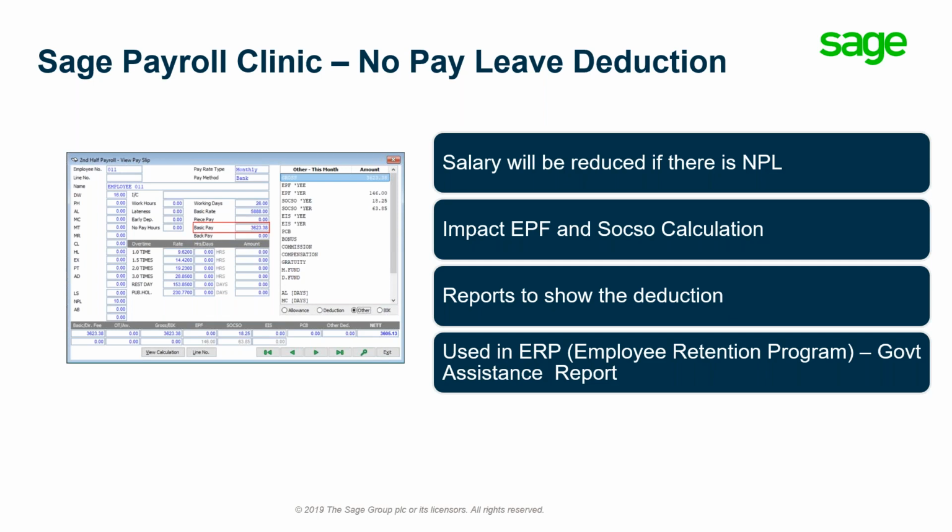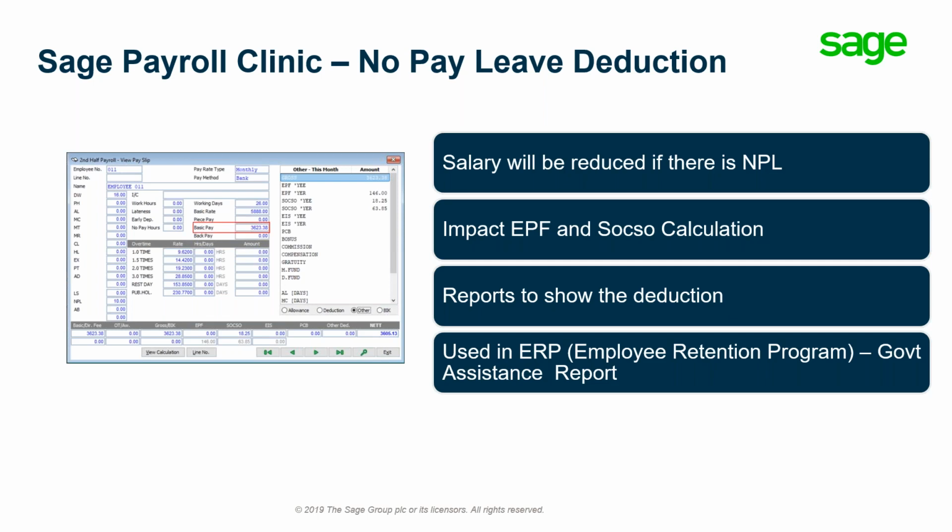For Sage Payroll, if you are helping the employee claim for the employee retention program, the benefit of 600 ringgit, you need to use this no pay leave days, because this is the part Sage Payroll uses to compute how many no pay leave days the employee went for. Remember, there was a condition: you must ask the employee to go for at least 30 no pay leave days to get the benefit of 600 ringgit.